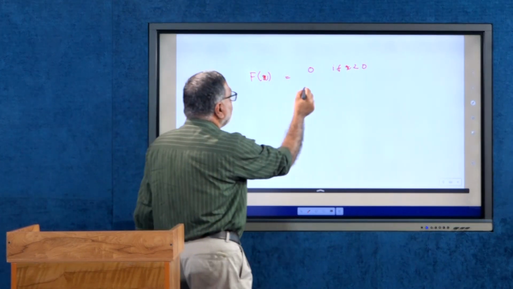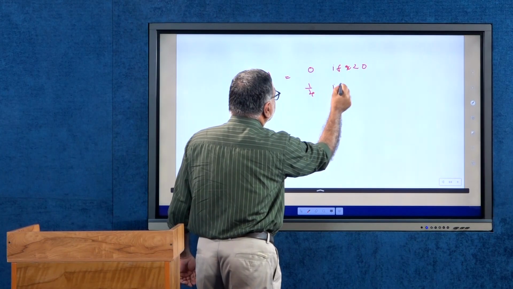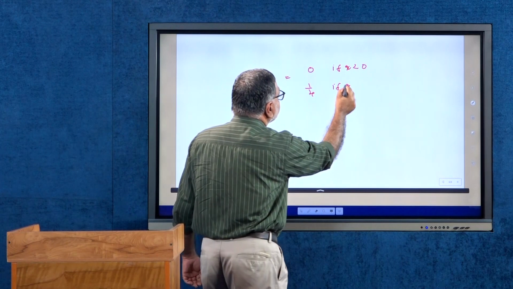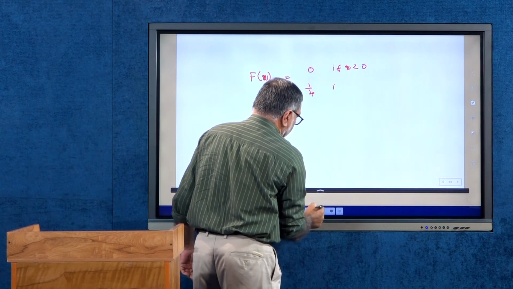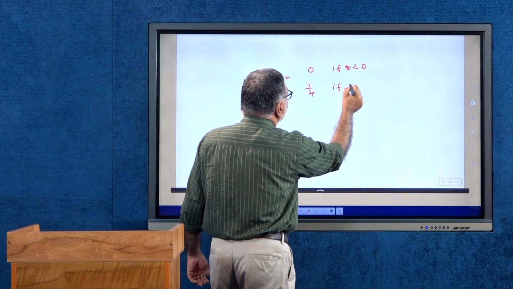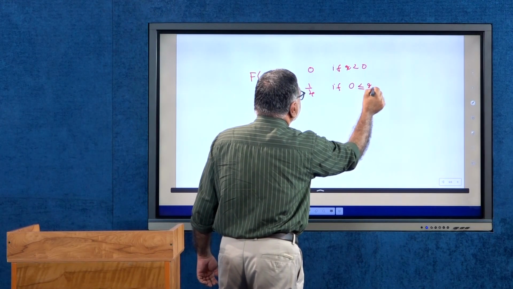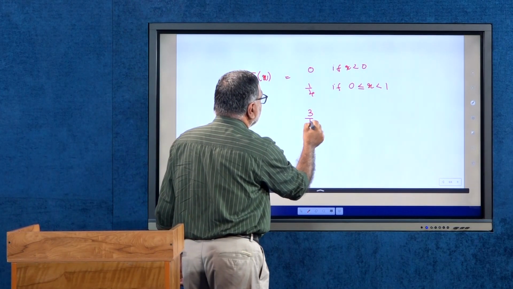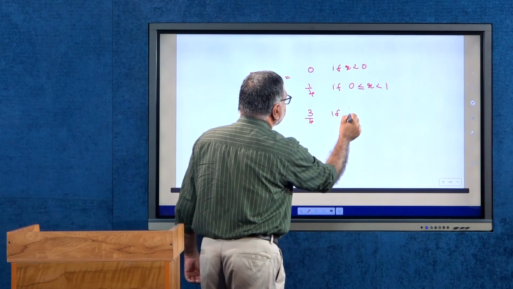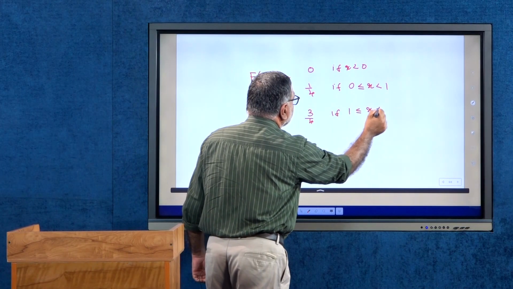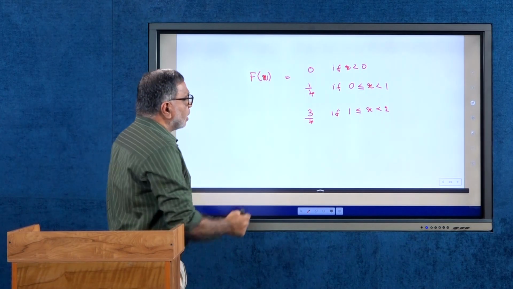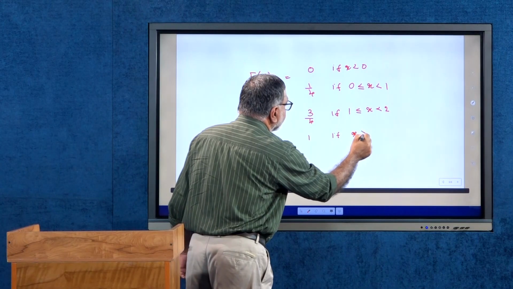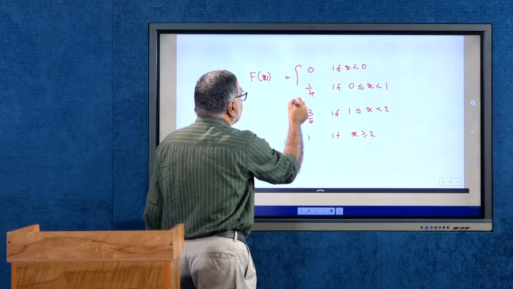It is 1 by 4 if x is in between 0 and 1, and it is 3 by 4 if x is in between 1 and 2, and it is 1 if x is greater than or equal to 2.